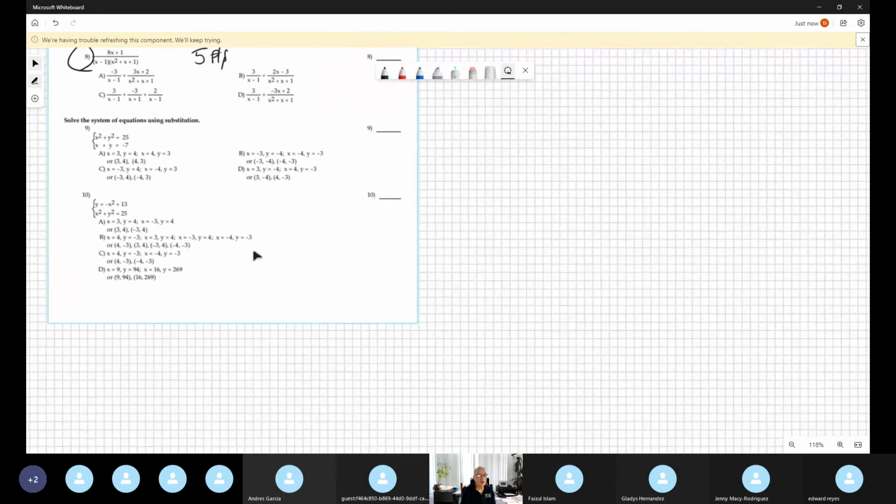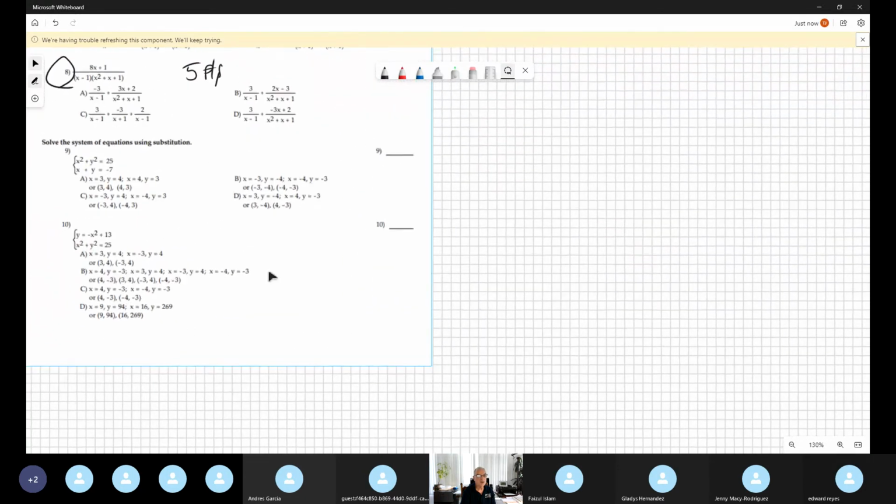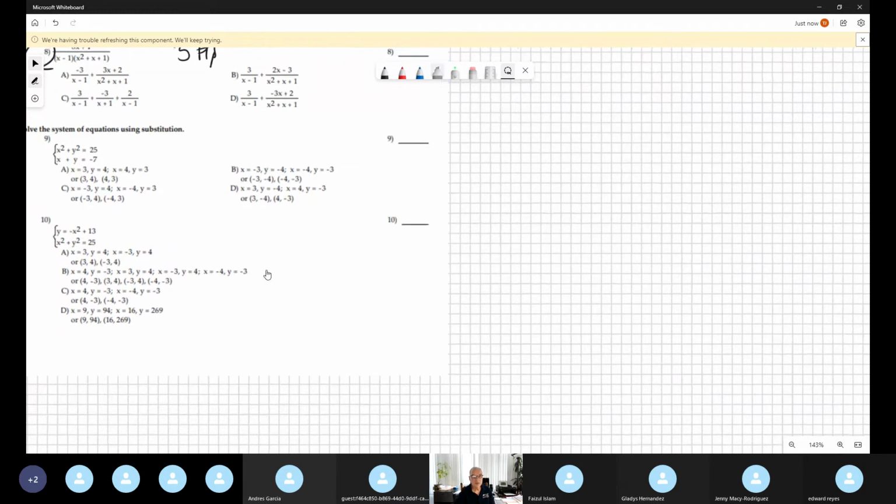Okay, number 9 is a non-linear system of equations. We have two equations and two variables, two dimensions. X squared plus y squared equals 25, equation 1, of course non-linear. And the equation x plus y equals -7, which is linear. Remember the classical solution: you take the linear equation and isolate one variable, x or y, whatever you want.